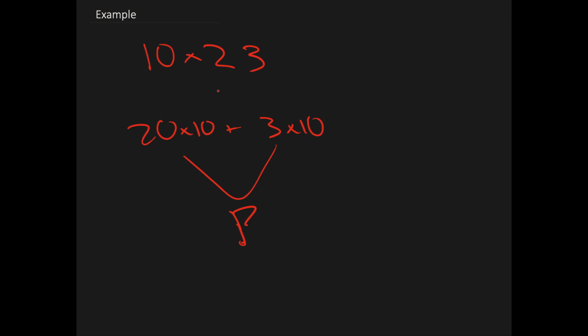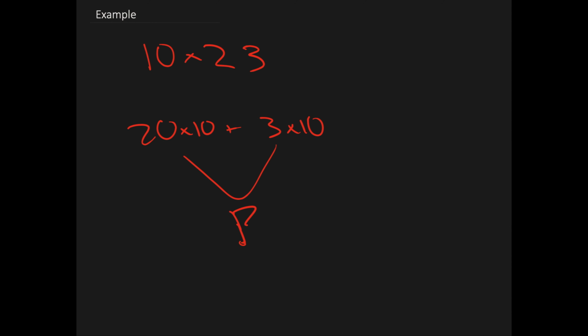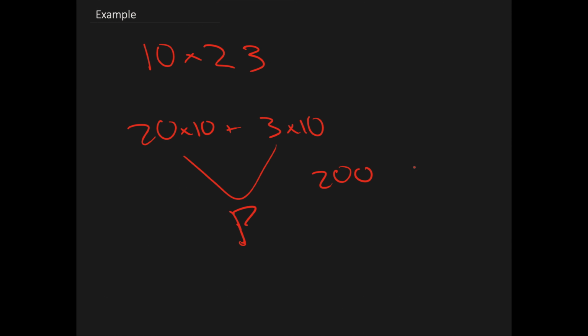Now we're going to come here, and this is going to help us visualize. What is 20 times 10? We should know that. That would be 200. So 20 times 10 is 200. And what is 3 times 10? Let's go back to the page to help you visualize this. 3 times 10 is 30.